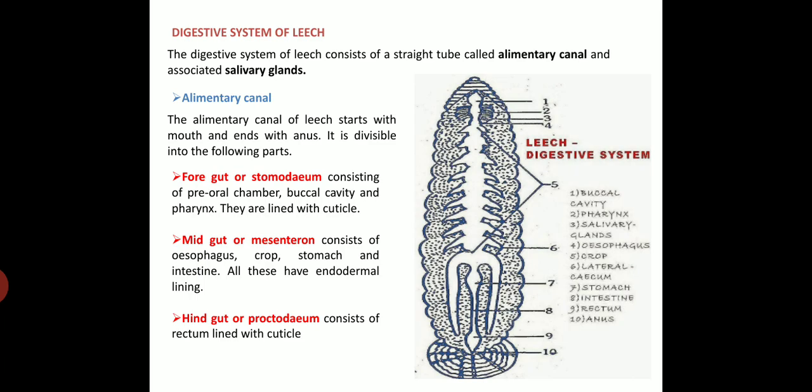The second part, the midgut or mesenteron, starts from the esophagus, crop, stomach and intestine. All these have endodermal lining. And the third part, the hindgut or proctodeum, consists of the rectum and anus, which is lined with cuticle. These are the parts of the alimentary canal.